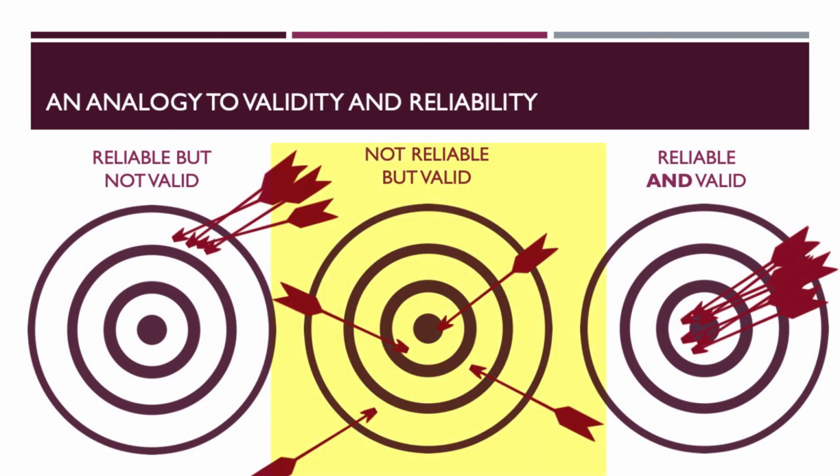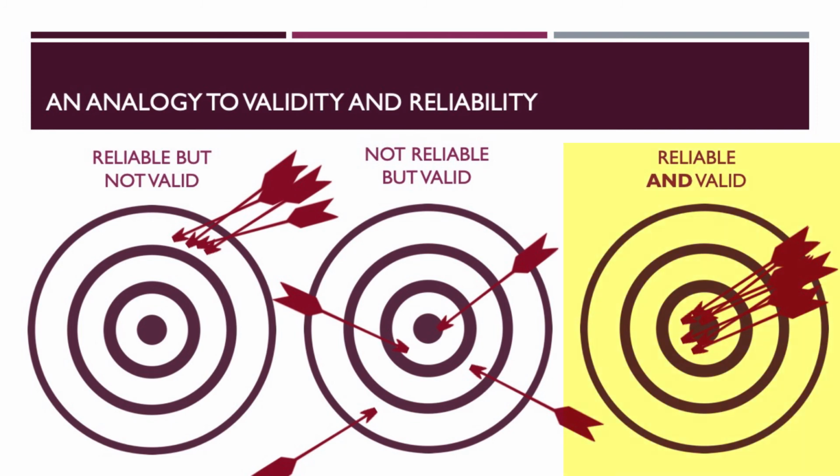The second archer generally hits the bullseye, or at least comes close, so he's pretty accurate, but his shots aren't consistent. They're all over the target. So here, they're just not very reliable. So we could summarize this by saying, it's a somewhat accurate shot, but not very reliable. And then finally, the third archer is highly consistent and highly accurate.